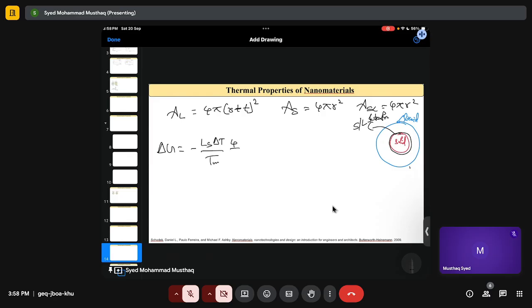Volume is 4 by 3 pi (3 R square T plus 3 R T square plus T cube), plus 4 pi, let's distribute this also, 4 pi (R square plus T square plus 2RT) gamma L minus 4 pi R square gamma S plus 4 pi R square gamma SL.